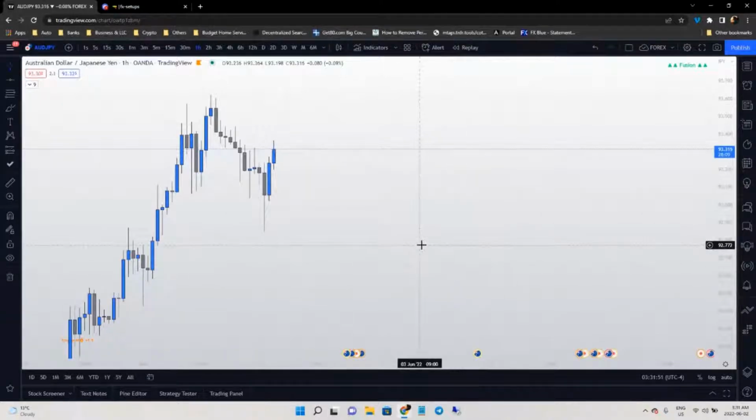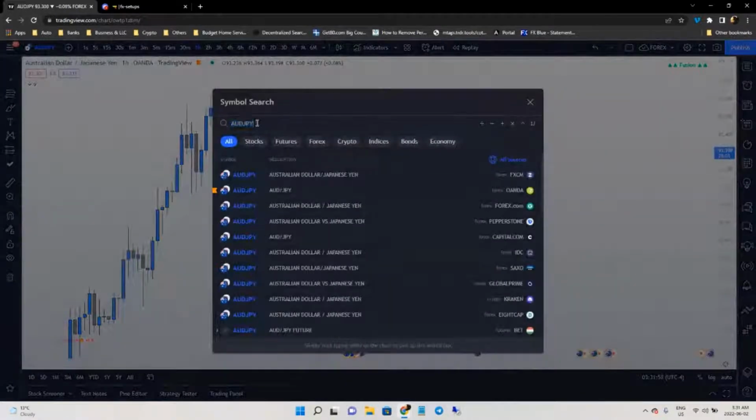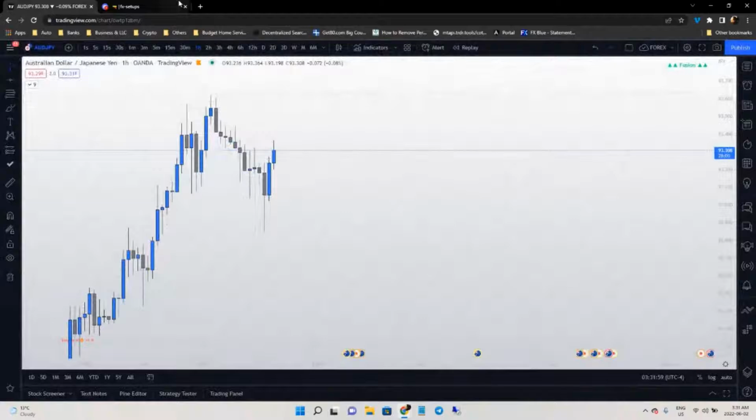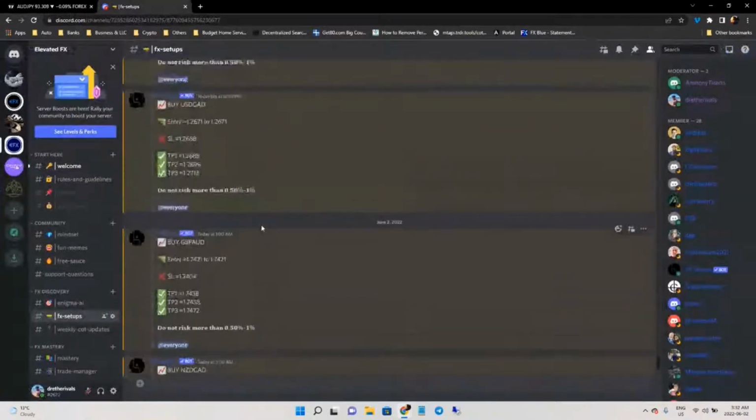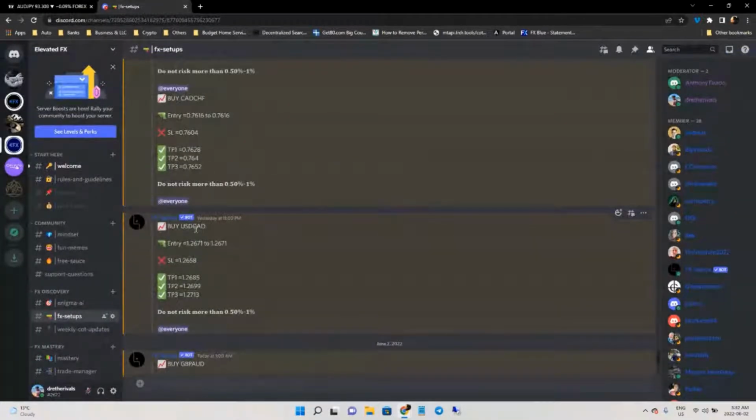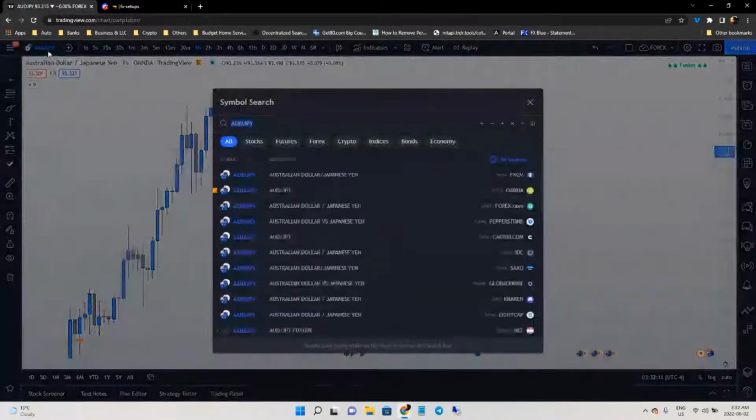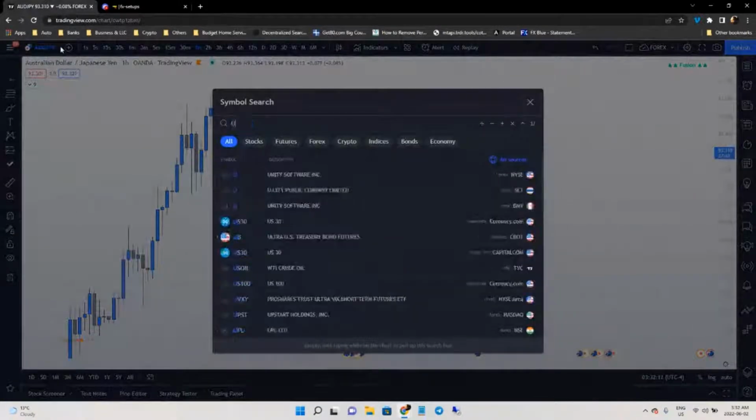Perfect. So it's 3:30. Okay, let's go back on previous setups that were sent out. I was looking at the USD CAD before when the buy came in. I'm just gonna see where it's at right now.